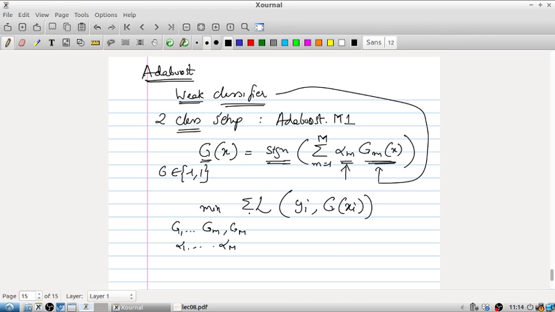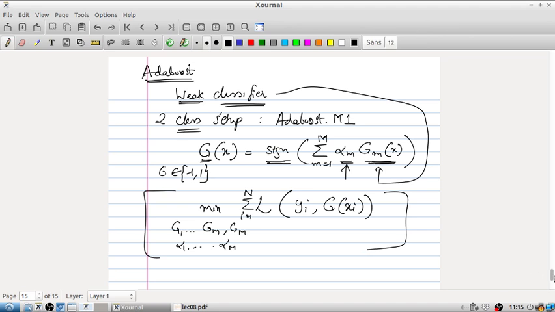You can do the sum over i equal to 1 to n. This would be the search for the best weak classifiers and these coefficients, right? This would be the nominal problem.